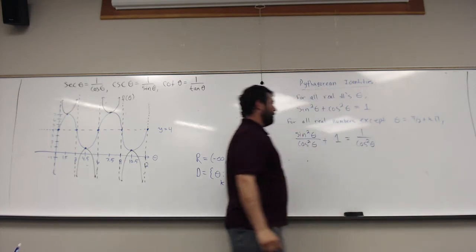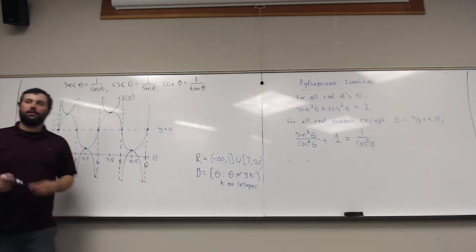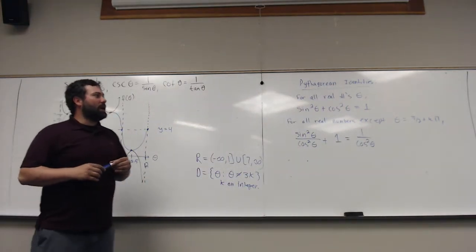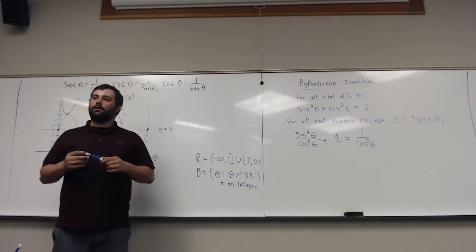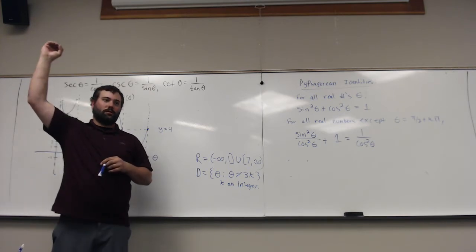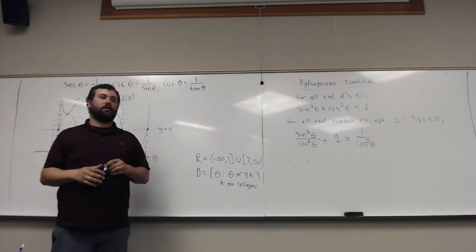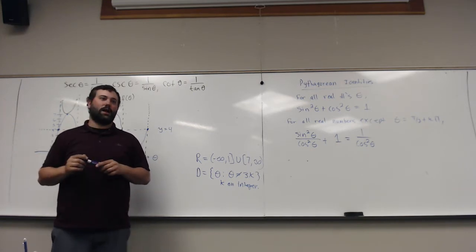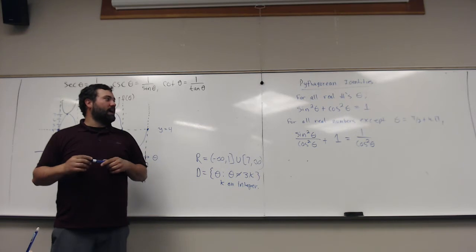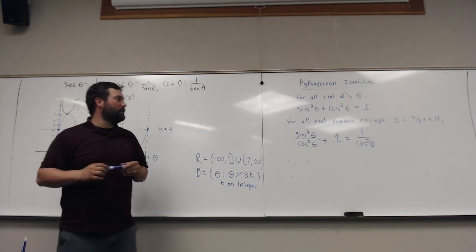And I'll get 1 over cosine squared theta on the right. Now, why couldn't my theta be pi over 2 plus k pi? Those are places where cosine equals 0. We can't divide by 0, okay? So this will work for all angles except for pi over 2 plus multiples of pi, because those values are not in the domain of cosine.